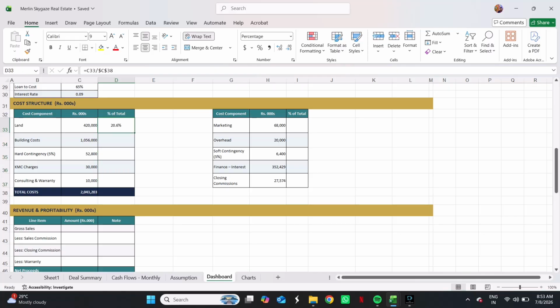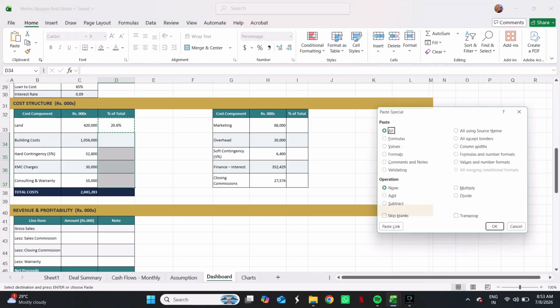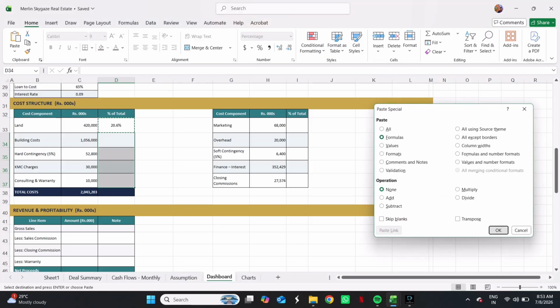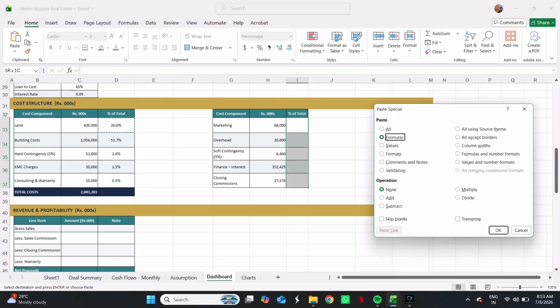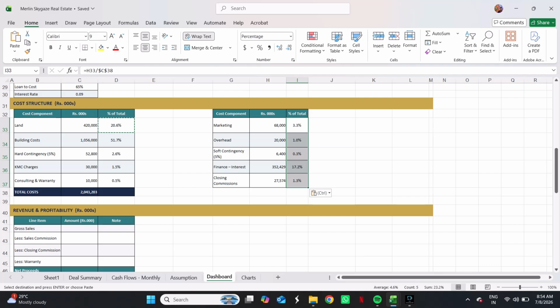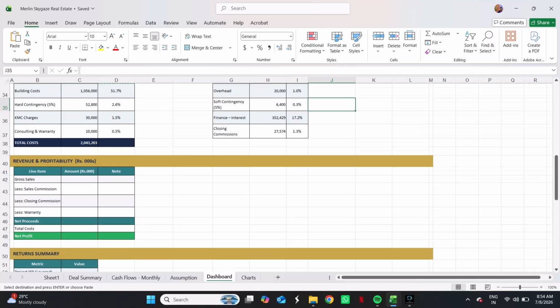Control R. Copy, shift down arrow, Control Alt B F. We need the same formula, so Control Alt V and F for formulas, and done. So we have built the cost structure.